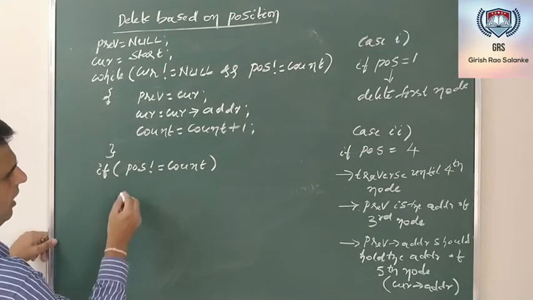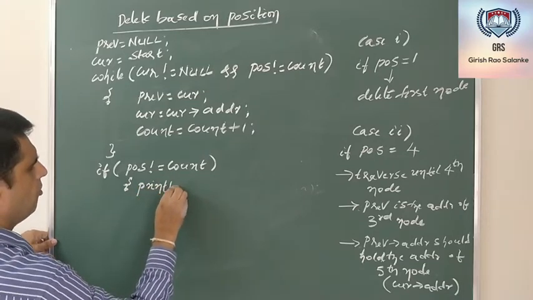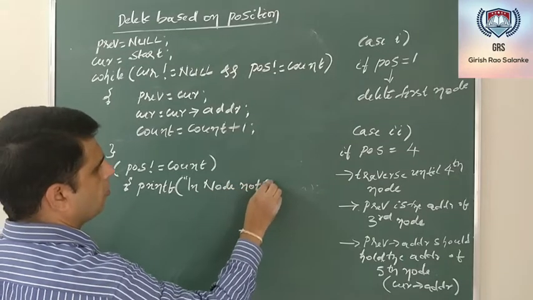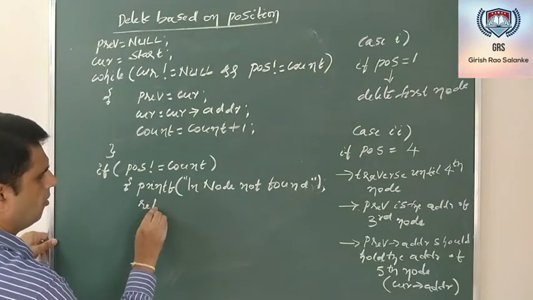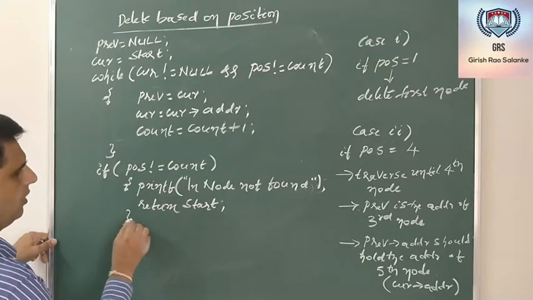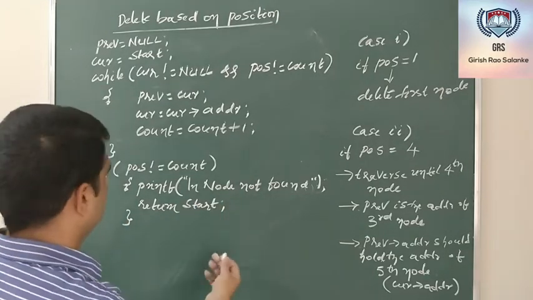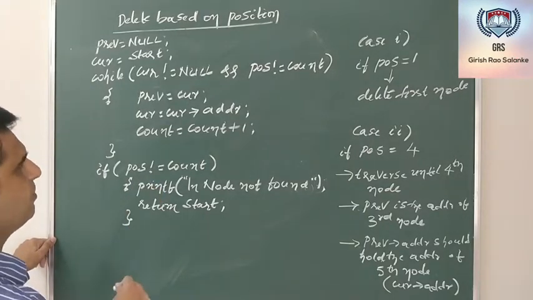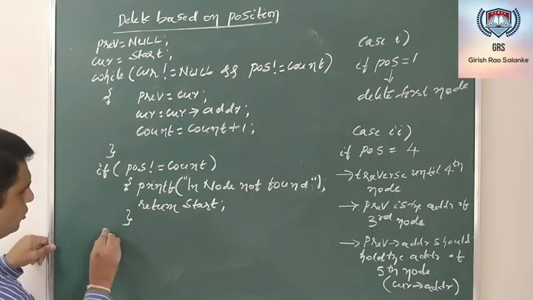If they are not the same, then printf node not found, return start. You can give this error message as node not found or position not found or position invalid. If this condition is false, then it implies that current is pointing to the node to be deleted. What are we supposed to do?